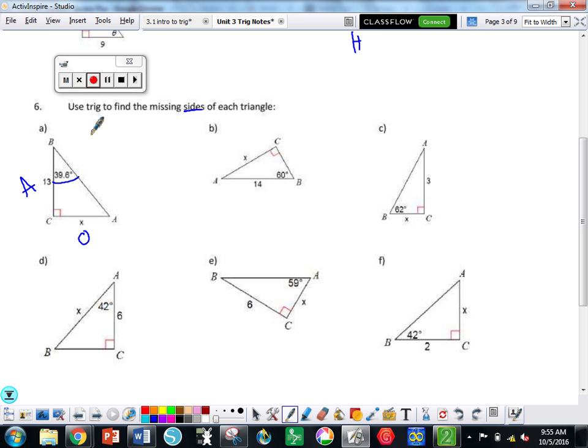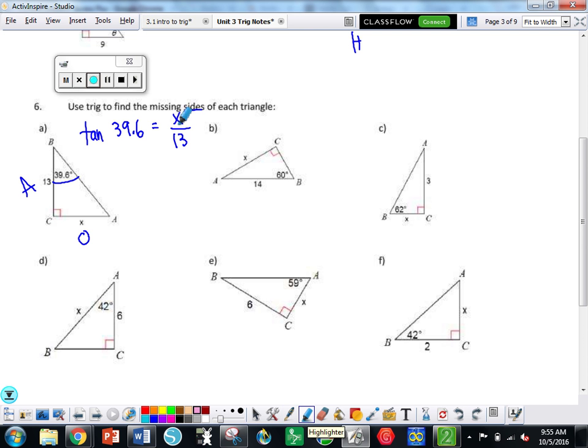I would say the tangent. Everything I've done so far, I put a variable here, right? But in this case, I don't need a variable because I know how big the angle is: 39.6. Tangent of 39.6, tangent of my angle is opposite. How big is the opposite side? x over adjacent 13.